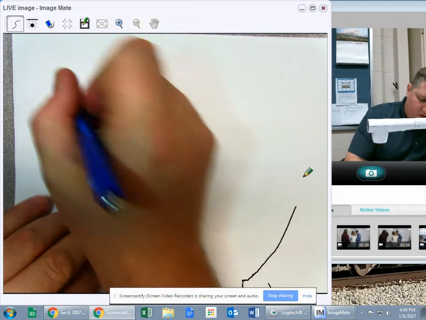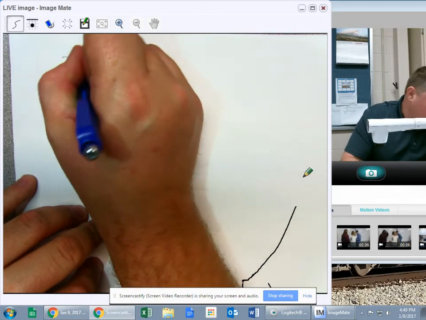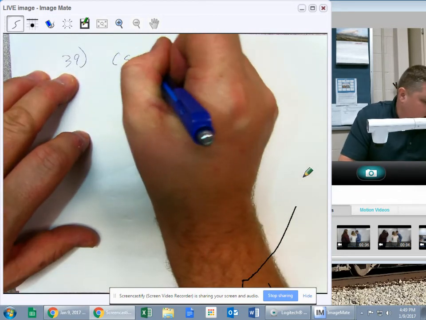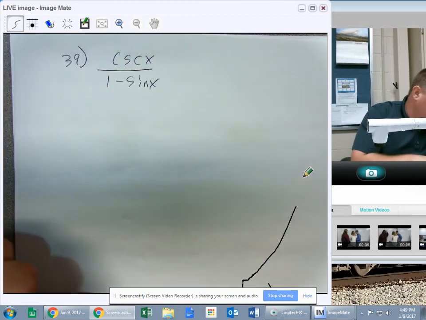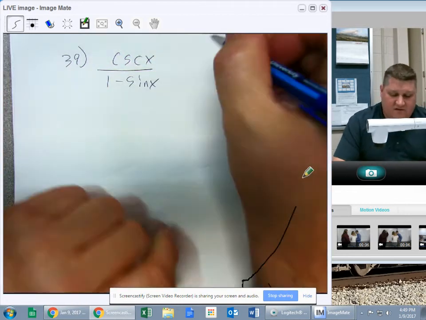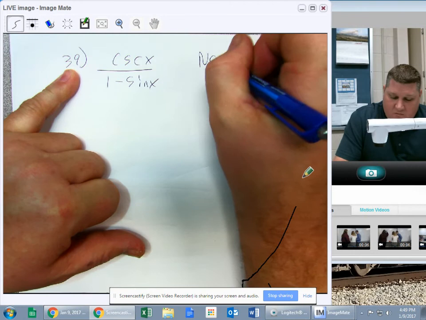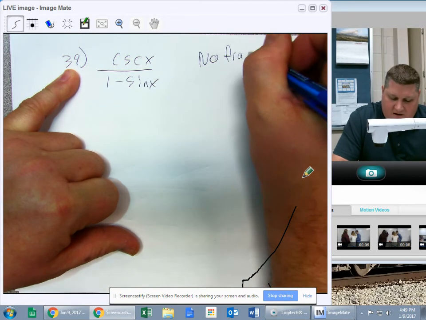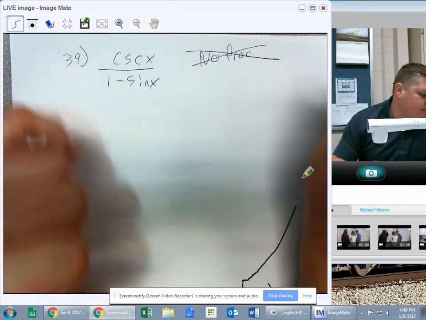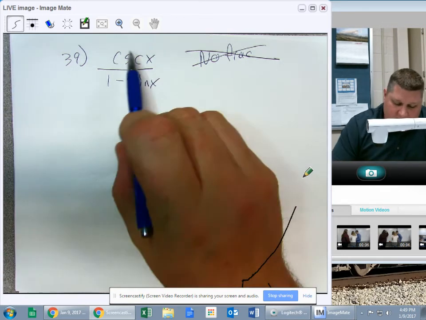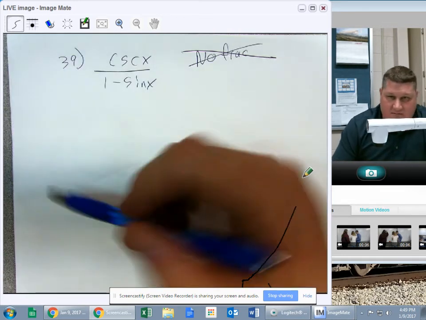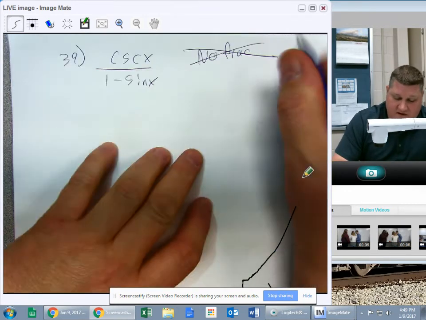Let's go to 39. 39 says cosecant x over 1 minus sine x. And it says rewrite as an expression that does not involve a fraction. So we're looking at no fractions. That's our homework. Well, unfortunately, I have this, and it is definitely a fraction. I can't really split it up because the minus is in the bottom. If the minus were on the top, it'd actually be fairly easy.